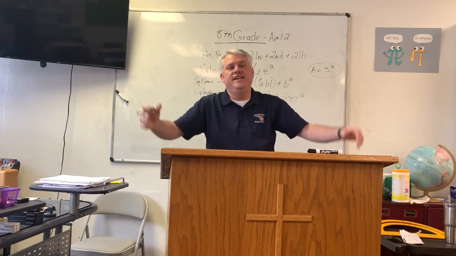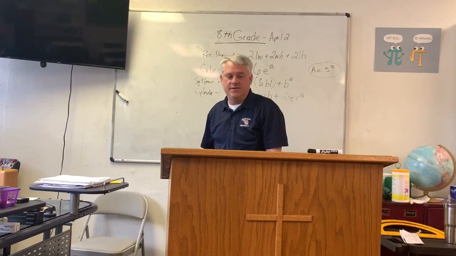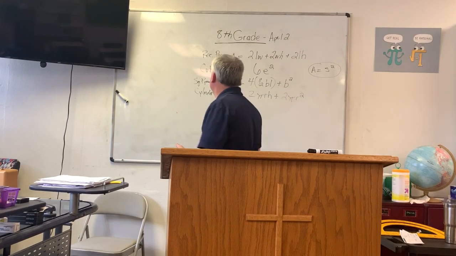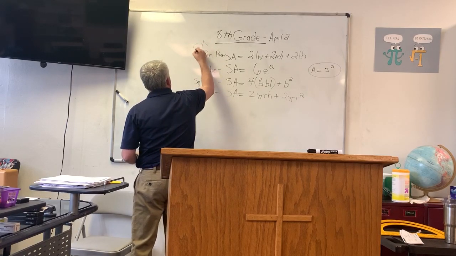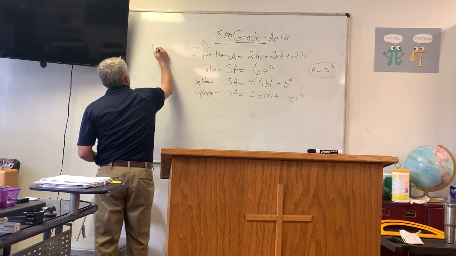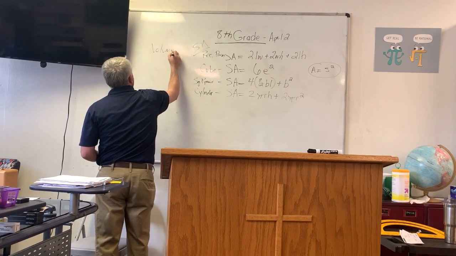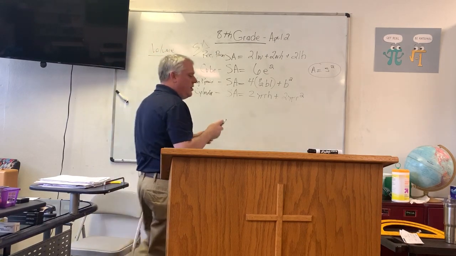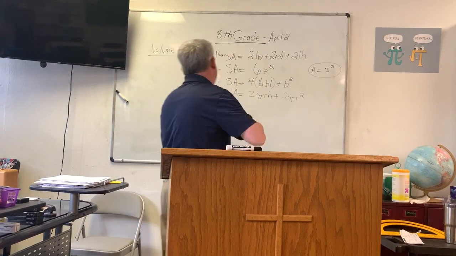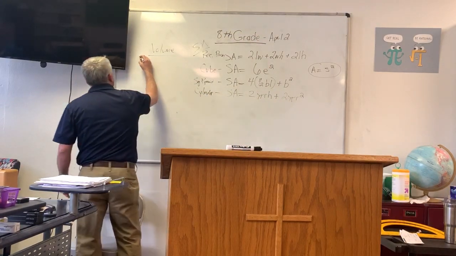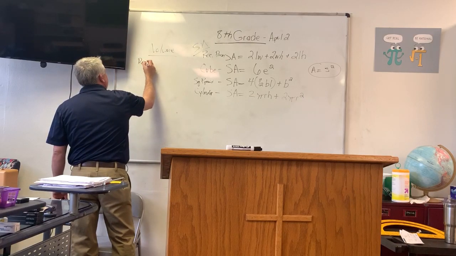The volume's a little easier for a lot of these. The surface area formulas were more involved; the volume formulas are not. So for the rectangular prism, that's the first one you're going to look at.